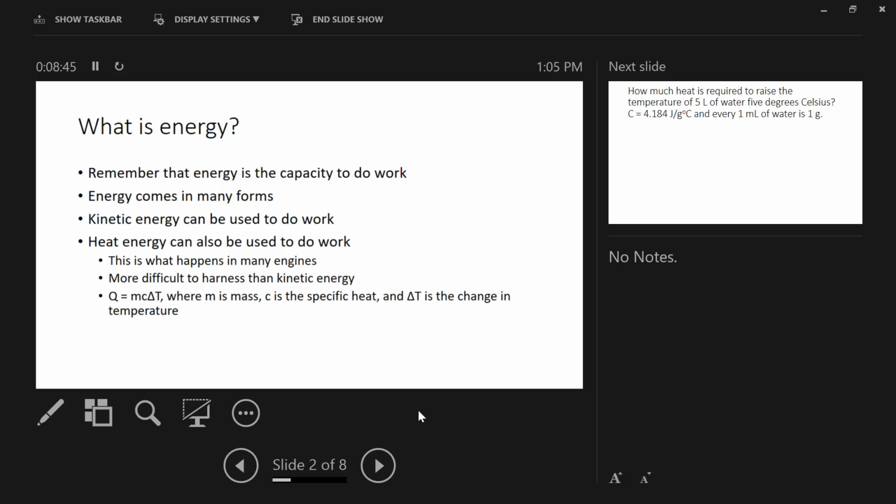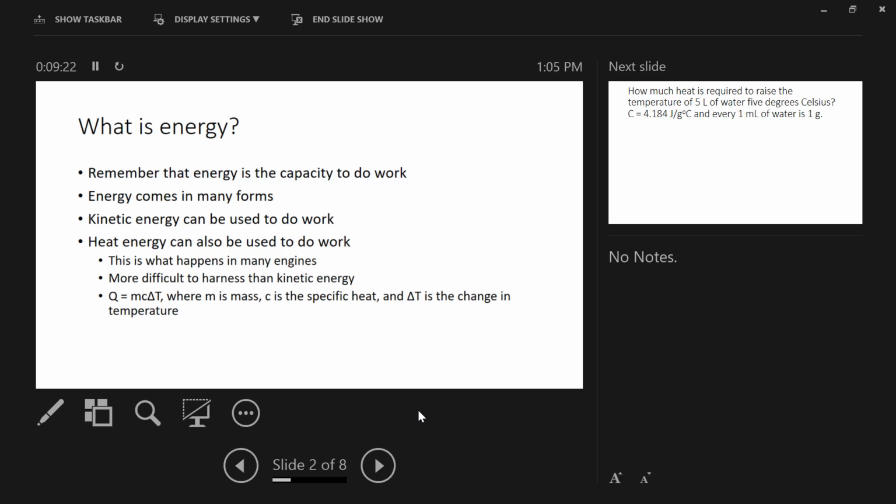So specific heat, and you'll see this when you see the units of it, is the amount of energy required to heat a certain amount of the object to get a certain change in temperature. So we usually present the units of C as joules per gram degrees Celsius. So joules, the amount of energy required to heat 1 gram, 1 degree Celsius.